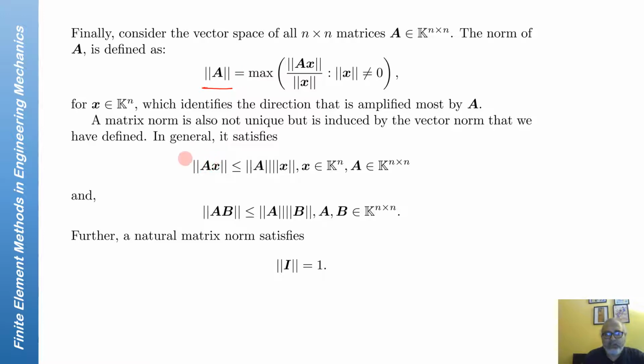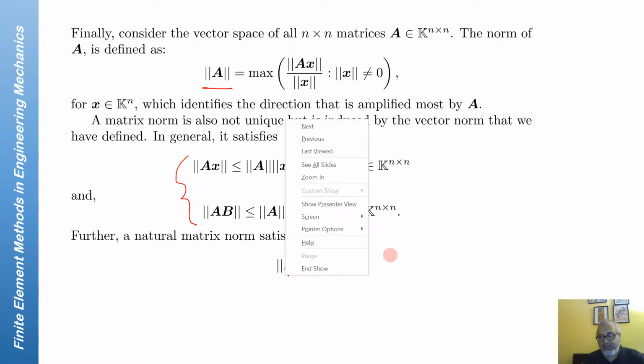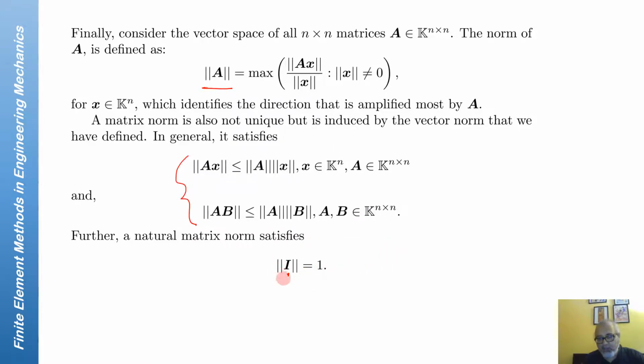In general, it also has some rules. In particular, if we have a norm for a matrix, we should be able to define a natural matrix norm, and the norm of an identity matrix should be equal to 1.